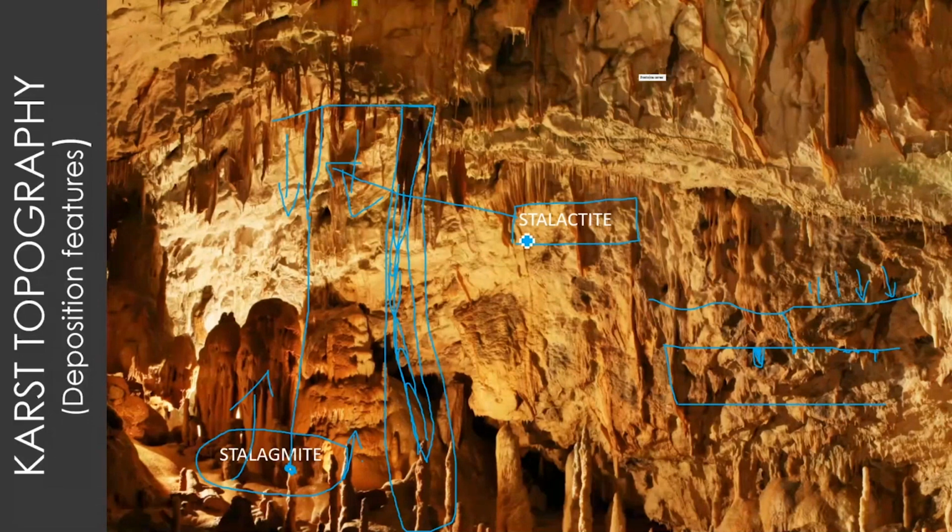It's the same structural term that you use elsewhere. So this is a column, which is produced by the depositional feature of the groundwater. Okay, so these are the depositional features produced by the groundwater: stalagmite, stalactite, and column.